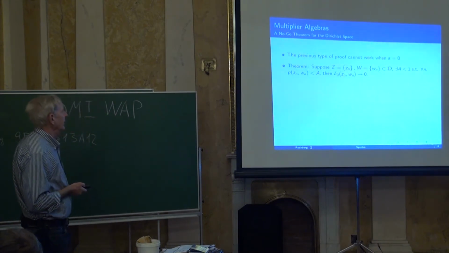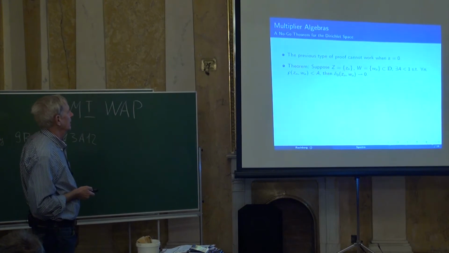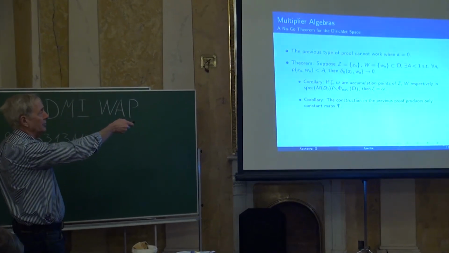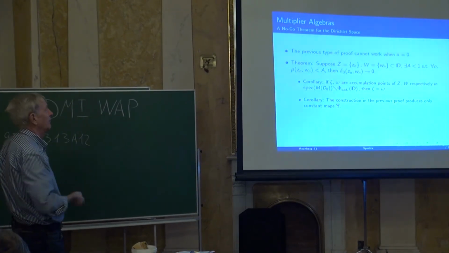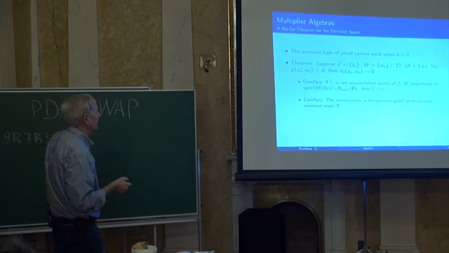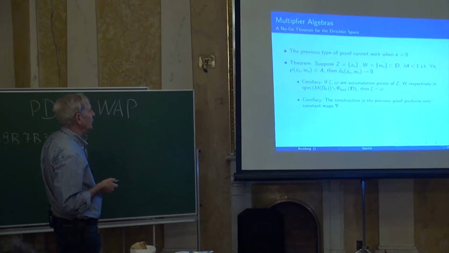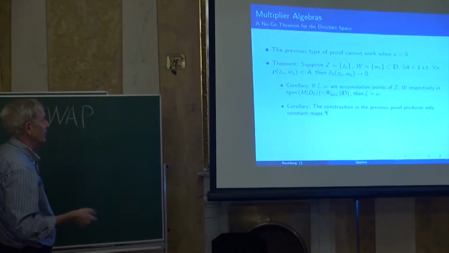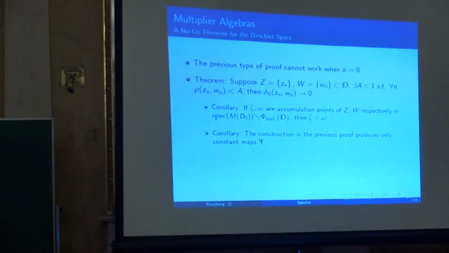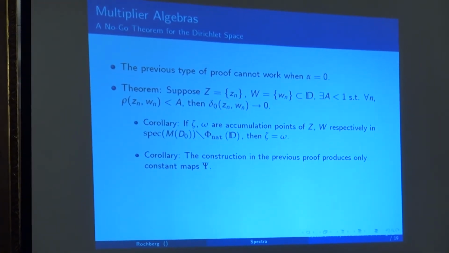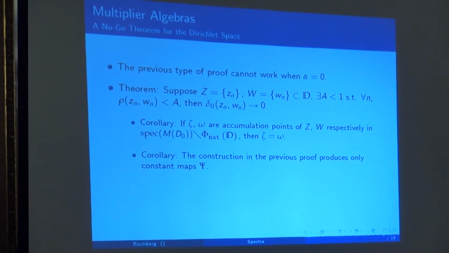Here's a theorem. The corollary of the theorem says the previous construction will only produce a constant map on the Dirichlet space. Because what the theorem says is if I take two accumulation points, the image of the origin and the image of some nearby point, and I look at the images in the spectrum under this limiting process, they collapse to the same point.